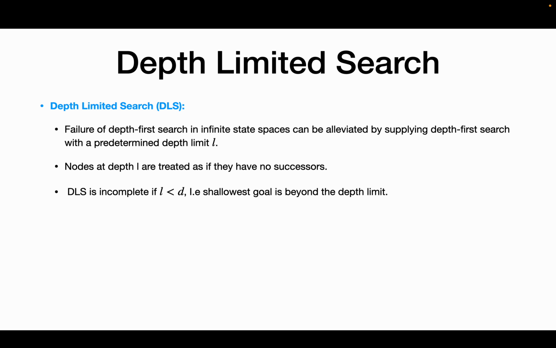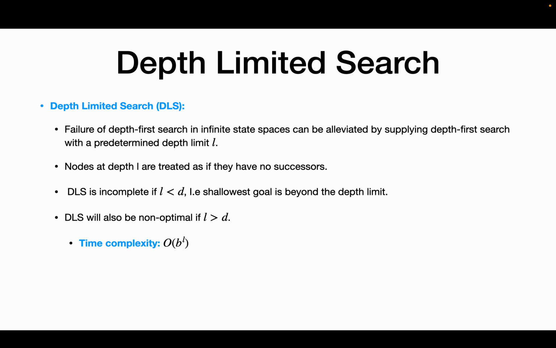So it becomes incomplete, because there is a possibility that we will not reach the goal node under the condition that L is less than d. If L is greater than d, it is once again non-optimal because it pursues the whole path and there might be an adjacent node which is smaller.